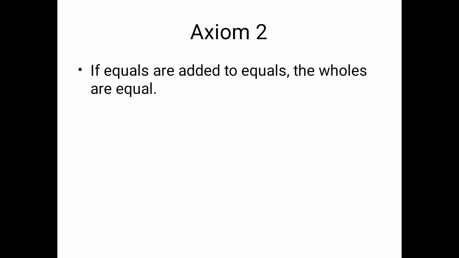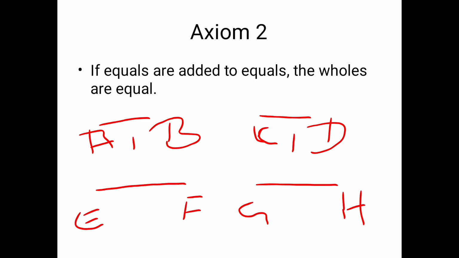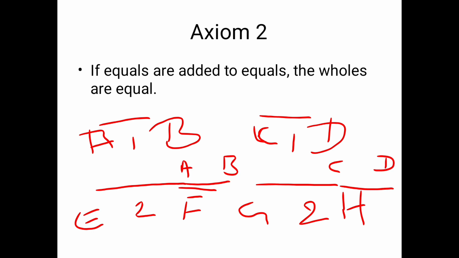Now let us move on to axiom 2. It states that if equals are added to equals, the wholes are equal. Let us consider two equals, AB and CD. These two, AB and CD, are equals, and EF and GH are equals. Let us take them as 2 centimeters each. Now I will add AB to EF and CD to GH.